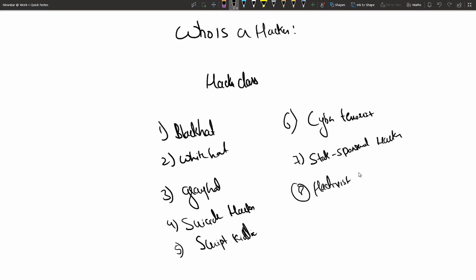Starting with black hat, this is an individual with extraordinary computer skills who resorts to malicious and disruptive activity, also known as crackers. White hats are individuals who use their professional hacking skills for defensive purposes, also known as security analysts.